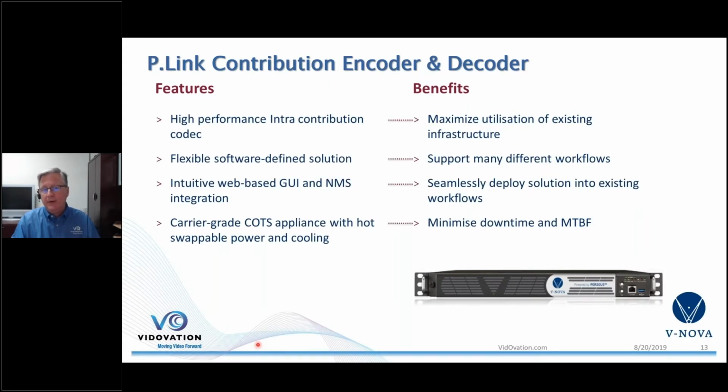So P.Link, again, for contribution for a managed network, it's a high performance intra-frame, within a frame, contribution codec. The benefits are it maximizes the use of your existing infrastructure, so you can migrate easily from HD to UHD.